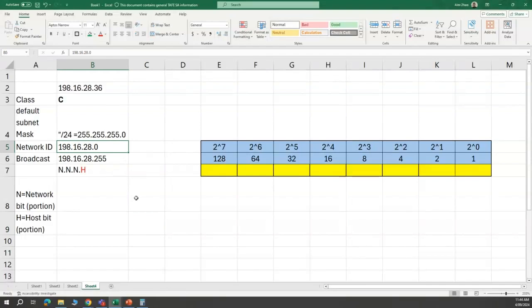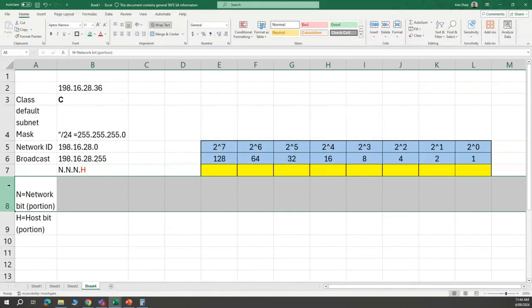So there's 2 numbers, 0 and 255, that can't be used for IP addresses because they represent the network and the broadcast. So if you have 8 bits, the maximum number of possibilities is 256, 0 all the way up to 255. But 2 of them, this plus this, are used.